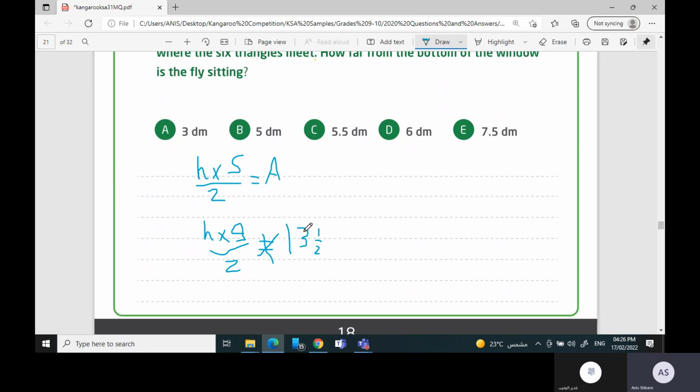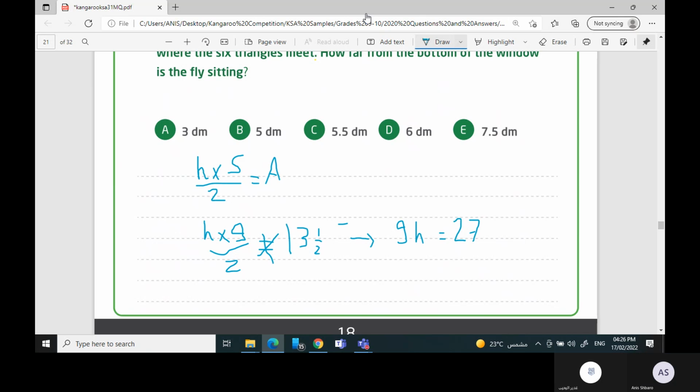So we can directly multiply it with the mixed number 13 and a half to obtain 9h, because h times 9 is 9h. 9h equals 13.5, or 13 and a half, multiplied by 2, which is 27. When I multiply half by 2, I'm going to be left with 1. And 13 multiplied by 2 is 26. So 26 plus 1 is 27.